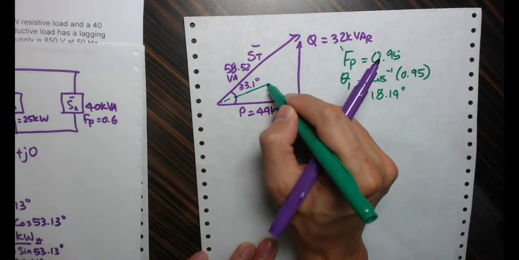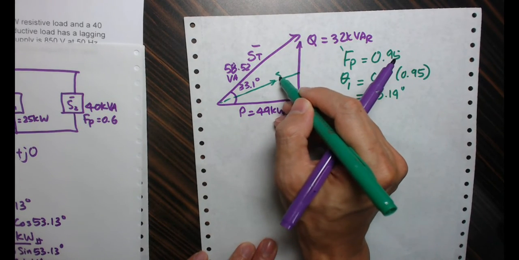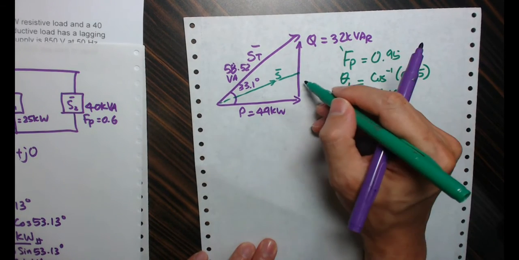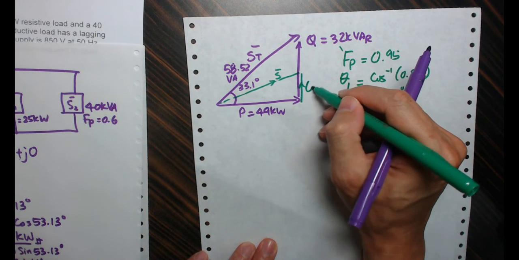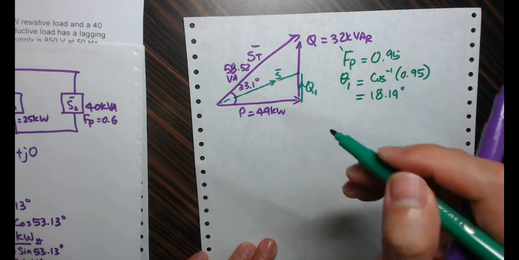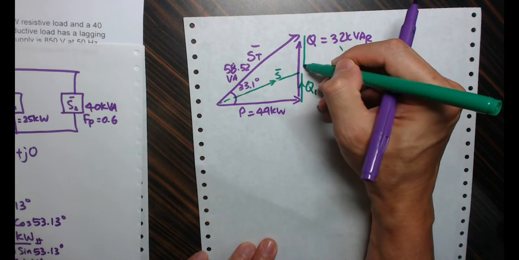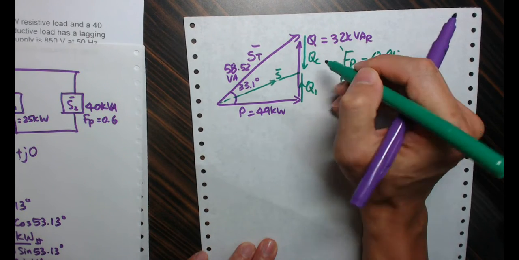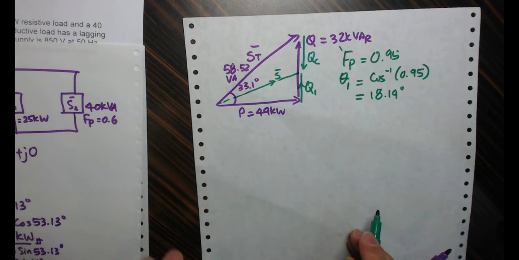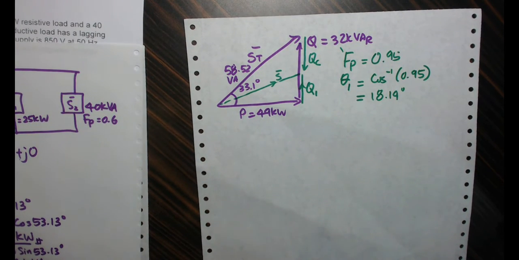In other words, I want a new triangle where my Q is only so much. So I need to introduce QC to reduce the overall reactive power.